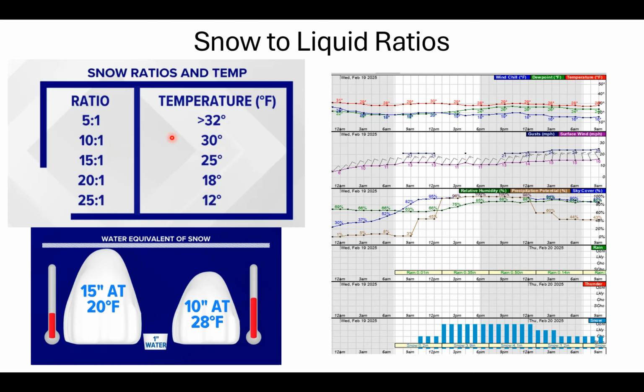Generally in that range of 10 to 1 to 12 to 1 for this upcoming snowstorm. So it's very important to look at that. And by the way, I did look at the liquid equivalent before I cut the video here, and it was about 1.04 total liquid equivalent for the Virginia Beach area.